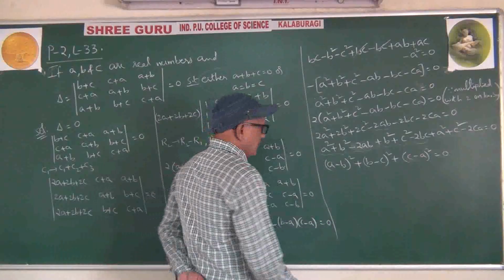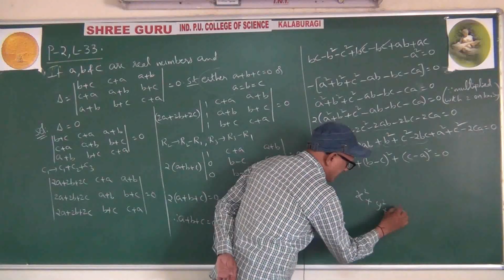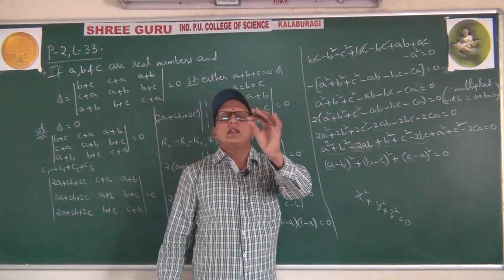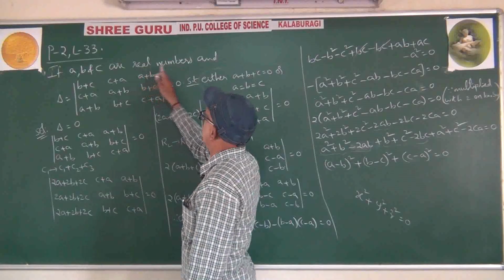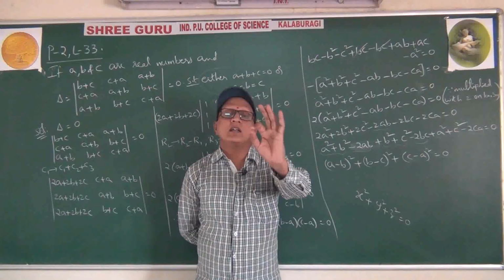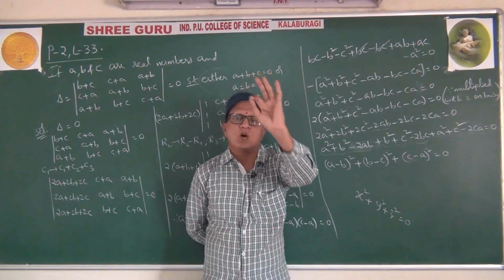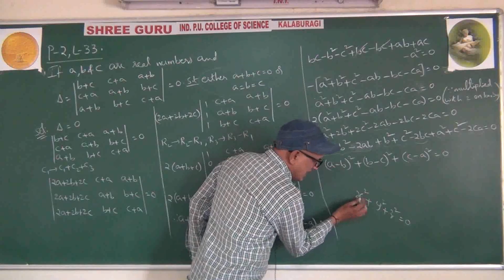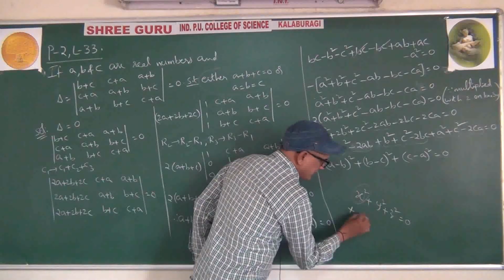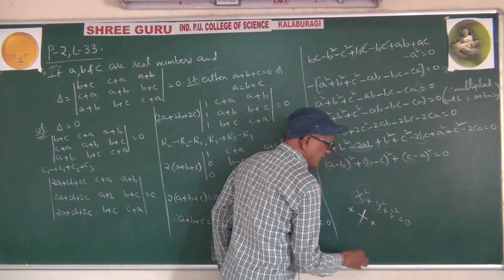For example, we are solving one question: x square plus y square plus z square equal to 0. The square of any real number is positive.